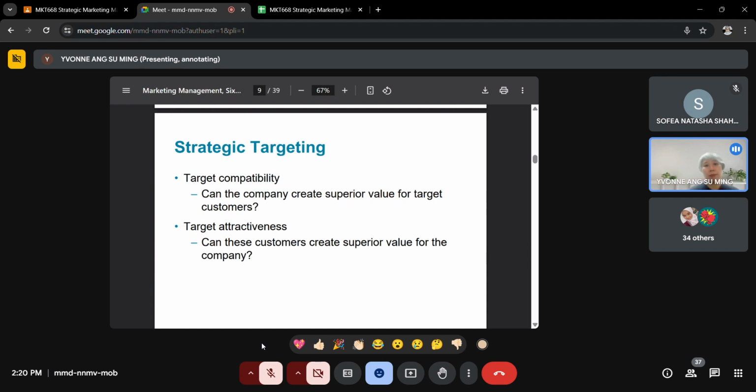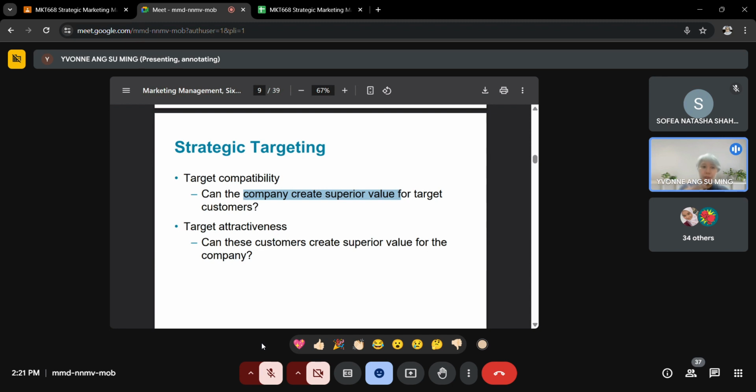Okay, so you can see here compatibility is dia tanya diri dia sendiri, or they are asking themselves or reflecting on themselves whether their company can really create value for the target customers or not. So here the underlying principle is that we do not want to sell to people who actually don't want our product. Their natural underlying wants do not actually match with what our organization can offer.